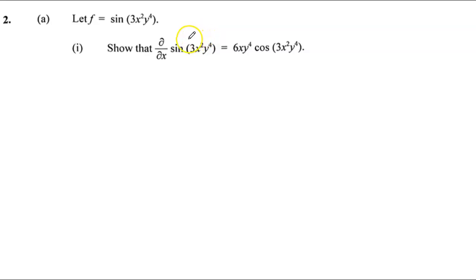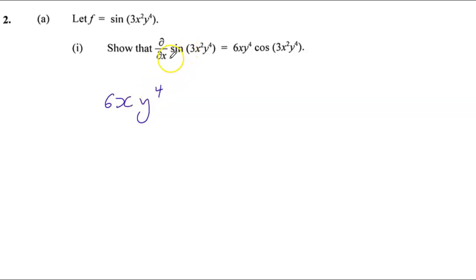The rule for differentiating these functions is to differentiate what's in the bracket with respect to x. In other words, we multiply by the x power and subtract 1 from the x power. So 2 times 3, that's 6 x to the 1st power, and of course y to the 4th power.